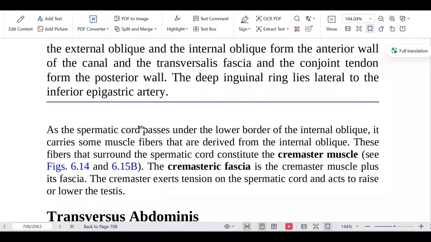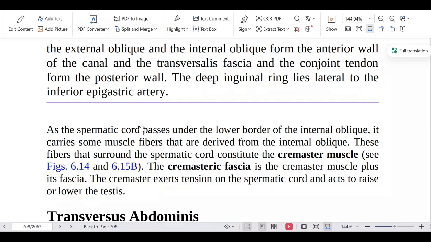Now there is a commonly asked question: the spermatic cord was passing through the superficial inguinal ring in the external oblique, but there is no ring in the internal oblique. Actually there is no need for a ring in the internal oblique, because we have already studied that the internal oblique fibers arch over the spermatic cord.